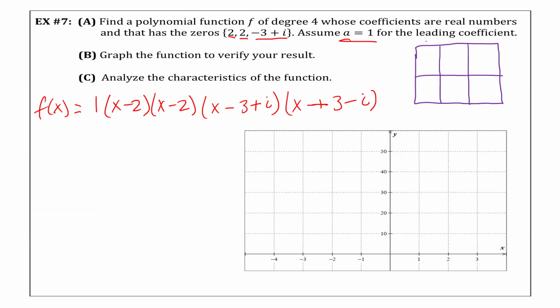All right, so I have x plus 3 plus i. I have x. If I knew how to count, I would have 3 boxes. There we go. x plus 3 minus i.